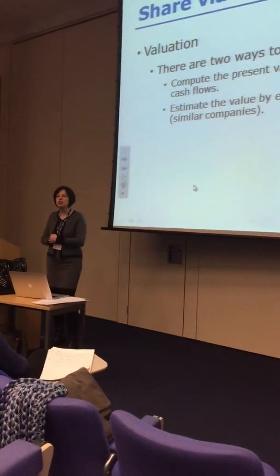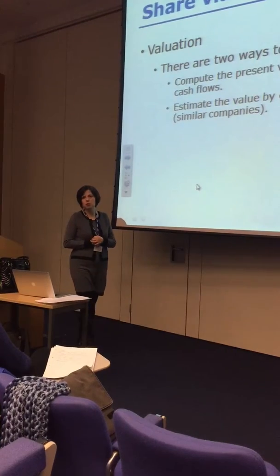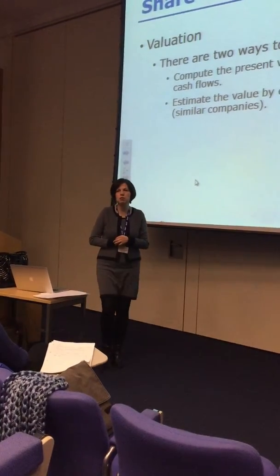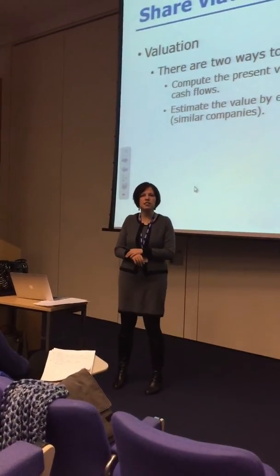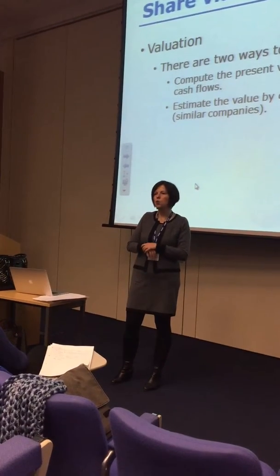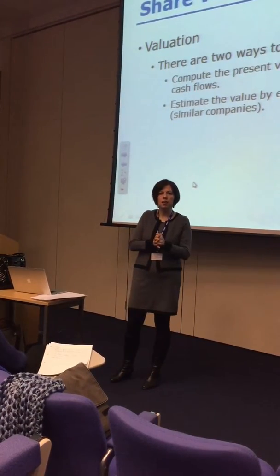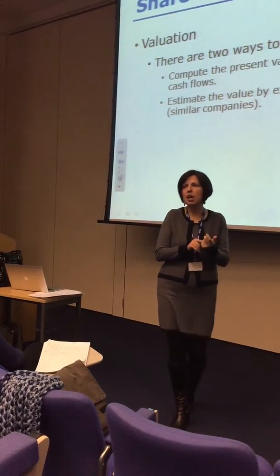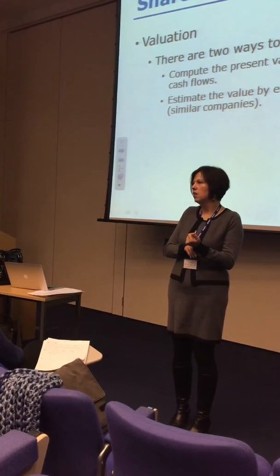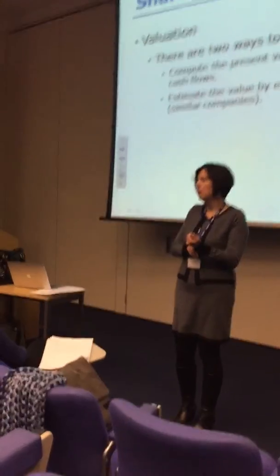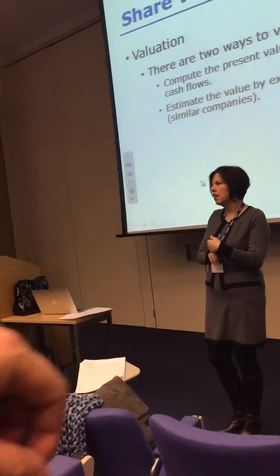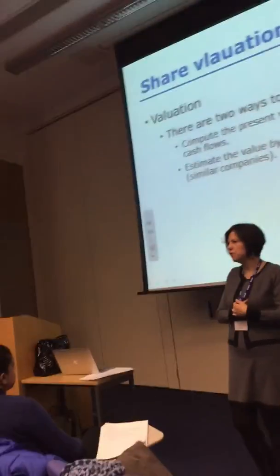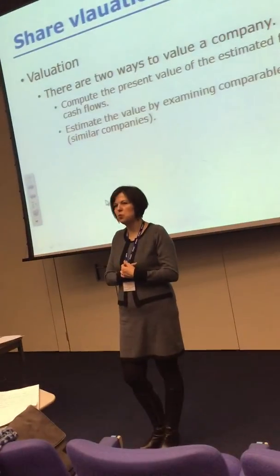The same is actually true for bonds. When we were talking about the valuation of bonds, it's exactly the same. So what differs from one security to another is the type and timing of cash flows that we're going to receive. That's really the main difference, and that then drives the difference in the formulas and approaches.